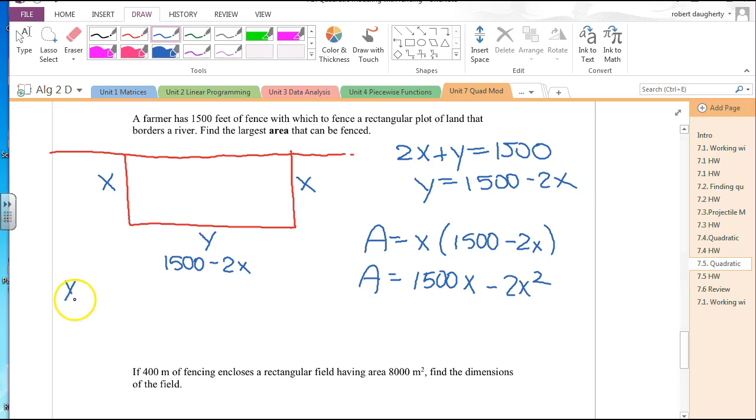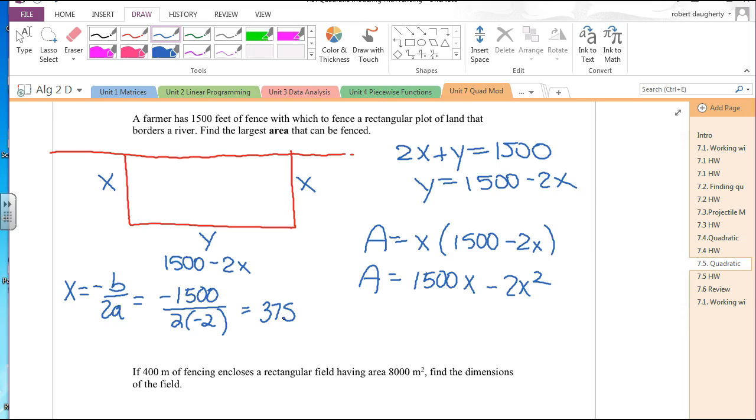So the vertex is going to be x equal negative b over 2a. So that's going to be negative 1500 over 2 times negative 2. So that's 1500 over 4, which is 375. So x is equal to 375.